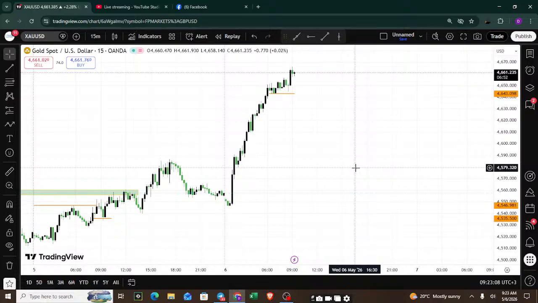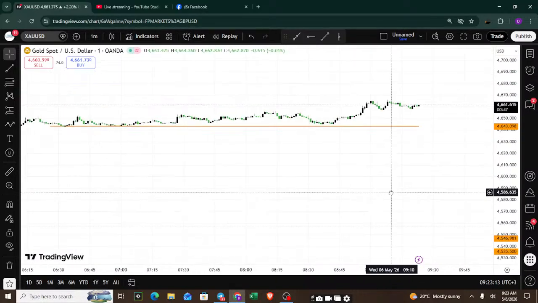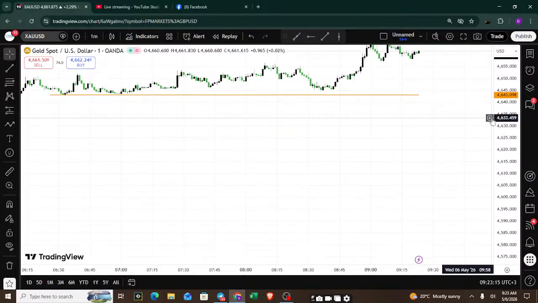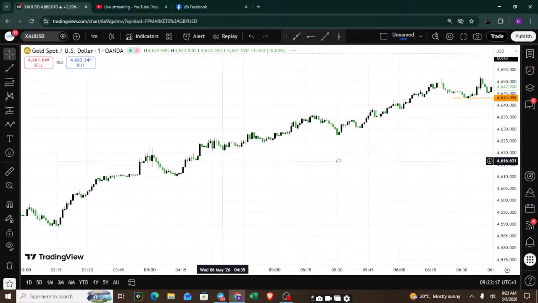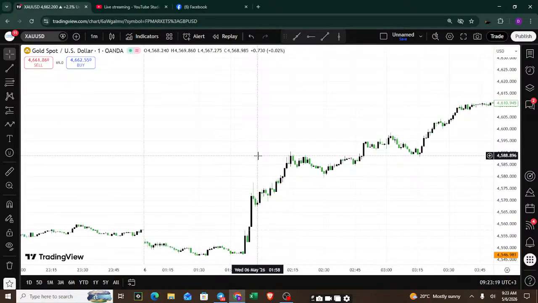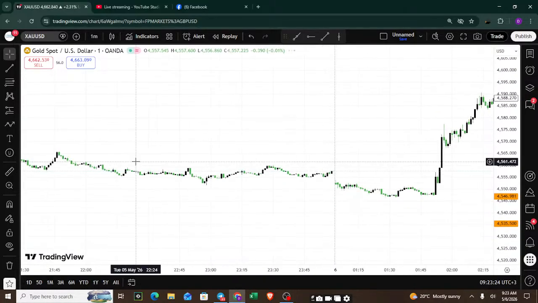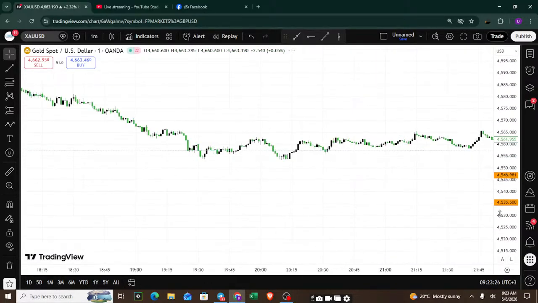So in London session, for example, yesterday, as we wait for price to get to a level, you can backtest a bit. So yesterday was a very good day for this system.